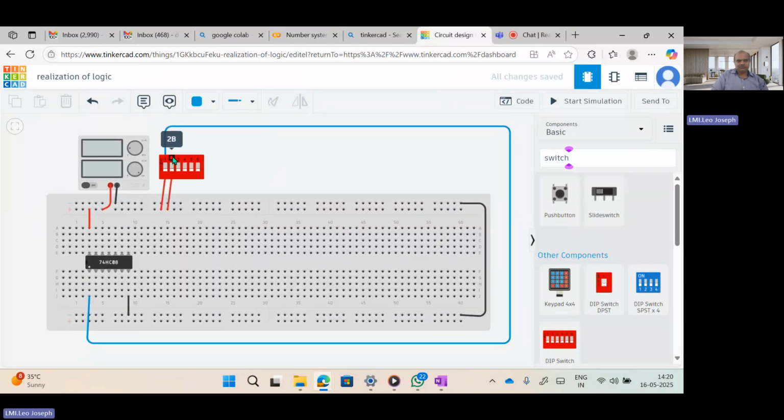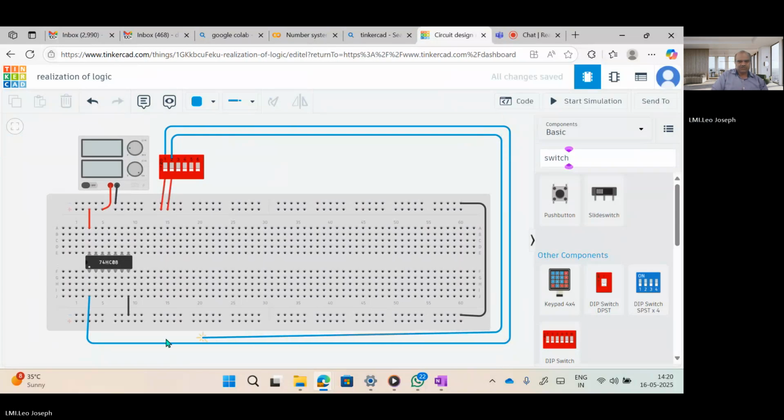So here I am taking this and connecting this to here. This will be my other input, that is orange.